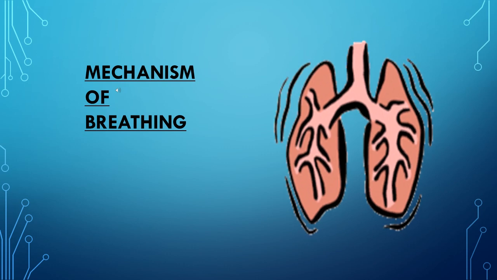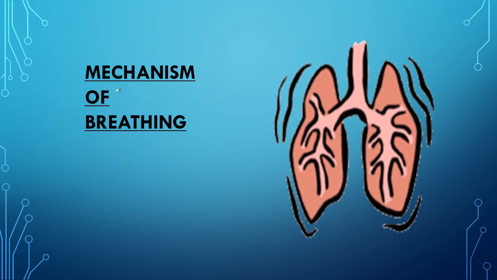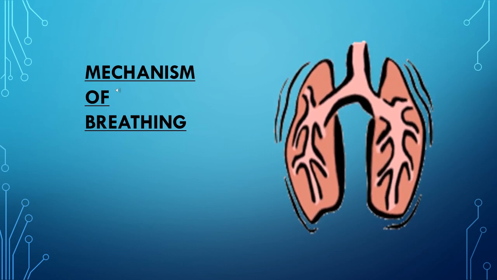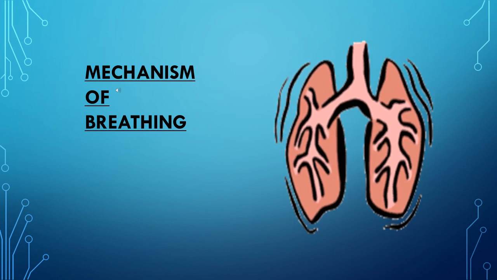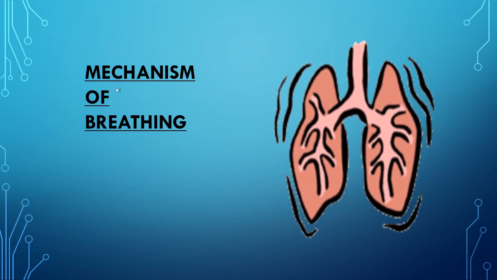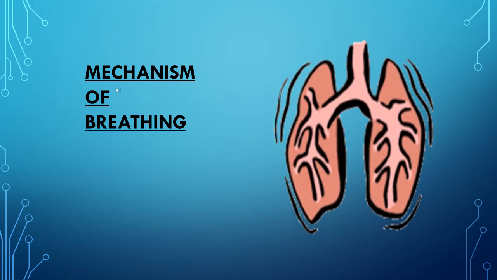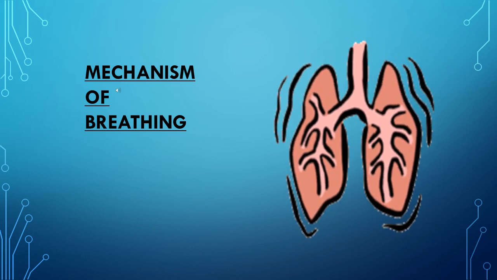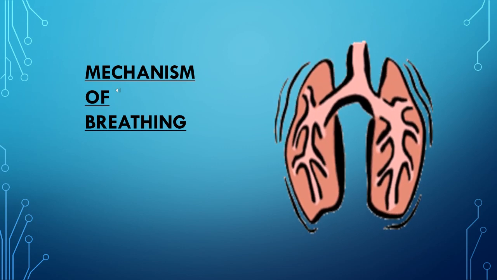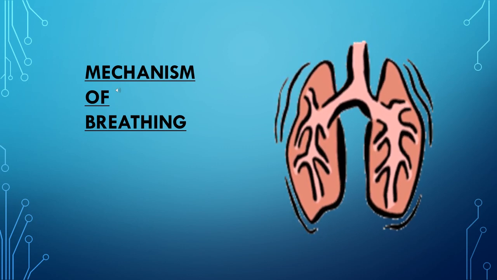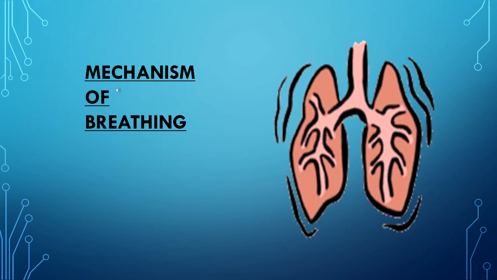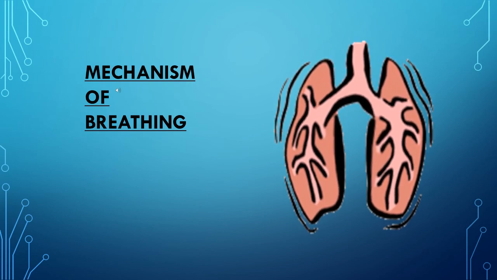The sides of the chest cavity are covered by the rib cage. Yes, the rib cage encloses the lungs. And at the bottom of the chest cavity is a curved sheet of muscles called the diaphragm, which forms the floor of the chest cavity. So the process of breathing involves the movement of the rib cage and diaphragm.